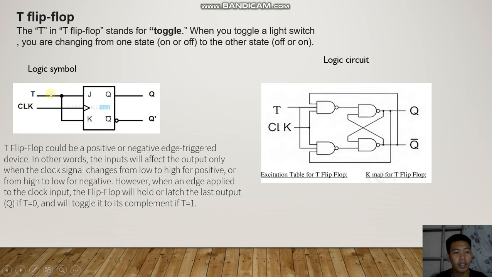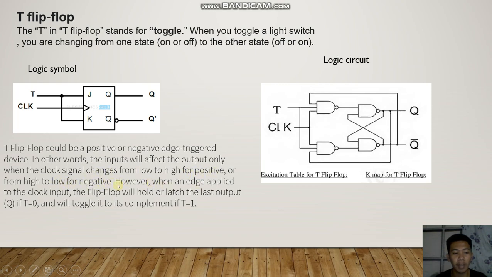The J and K are connected together, and we have an input clock and outputs Q and Q prime. A T flip-flop could be a positive or negative edge triggered device. In other words, the inputs will affect the output only when the clock signal changes from low to high for positive, or from high to low for negative.